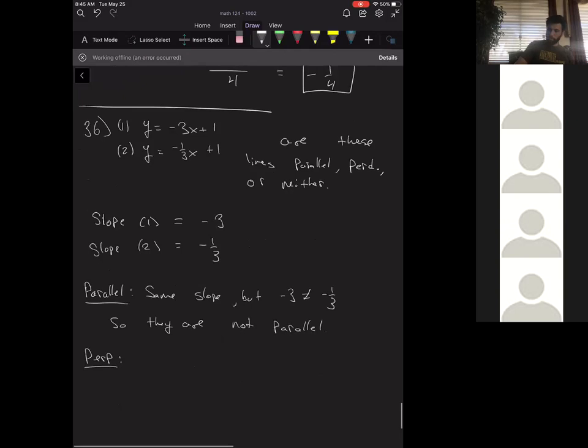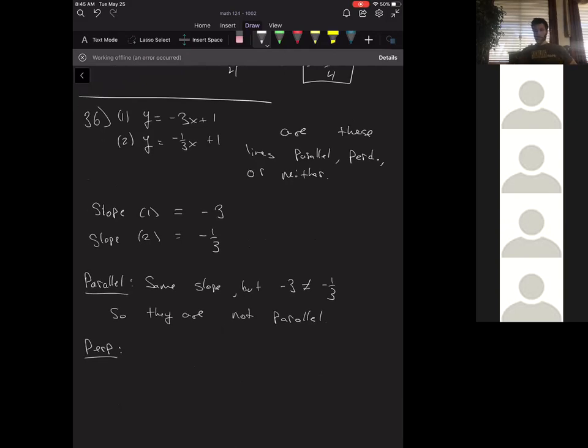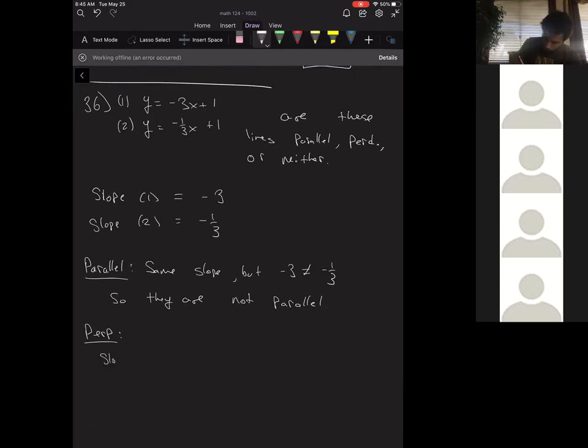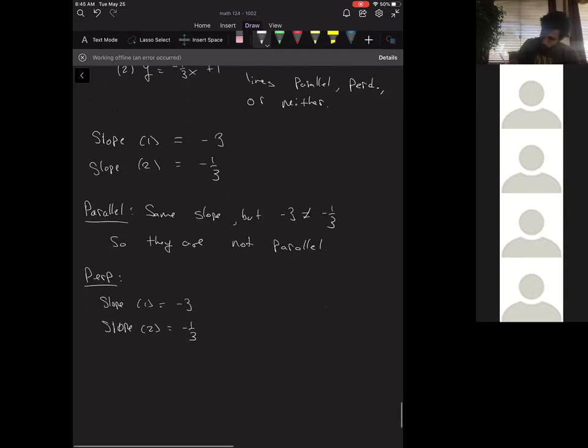Remember for perpendicular, we need one of the slopes to be equal to minus 1 divided by the other slope. So the slope of line 1 is equal to minus 3, and the slope of line 2 is minus 1/3. If they were perpendicular, the slope of line 1 needs to equal minus 1 divided by the slope of line 2.